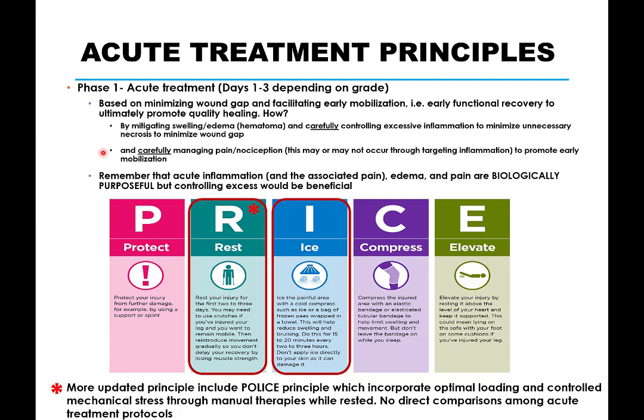So pain is necessary, as I emphasized many times before, but excessive pain and hyperalgesia should be managed carefully so that you can begin adding some mechanical stress to the muscle to facilitate early mobilization and early functional recovery, so that you can eventually load the muscle progressively and exercise the muscle progressively to stimulate regeneration and promote quality healing. So as indicated here, the way we manage pain in the acute treatment phase may or may not be through targeting inflammation.